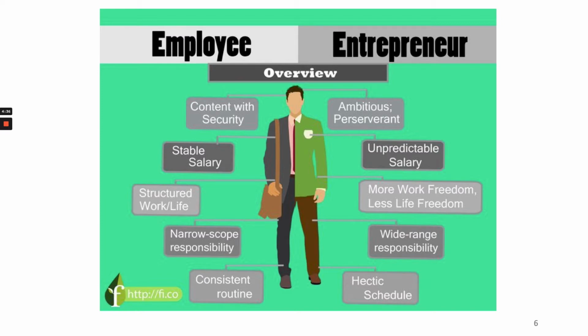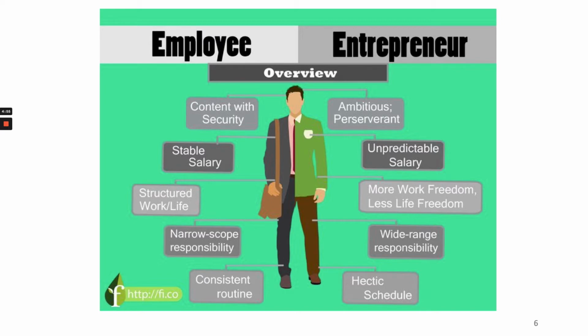On the other hand, when you are an entrepreneur, this is just in general, there can of course be exceptions. I know a lot of employees who don't have structured work and life and so on.